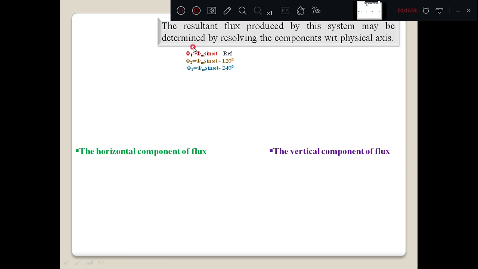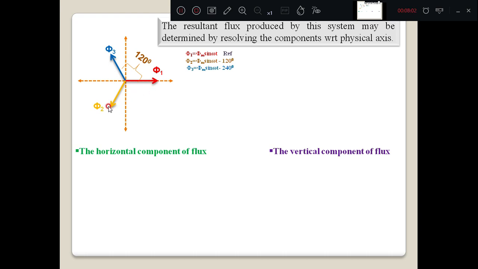I have three vectors phi 1, phi 2, phi 3, which I am representing displaced by 120 degrees from each other. What I want is the horizontal component, the x component of all three vectors. The x component of phi 1 is phi 1 itself.